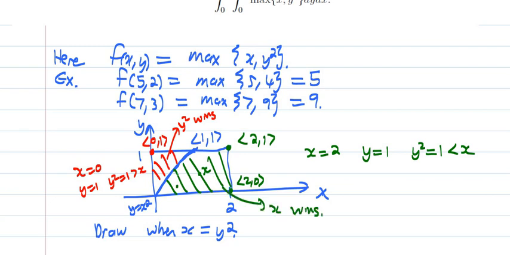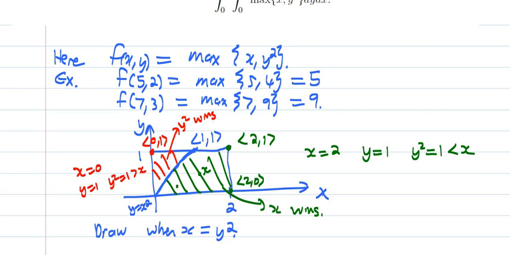And on the blue line, nobody wins because it's a draw and they are equal. So in the red region, y squared is more than x. In the green region, x is more than y squared. But on the blue line, you have that y is equal to x squared.